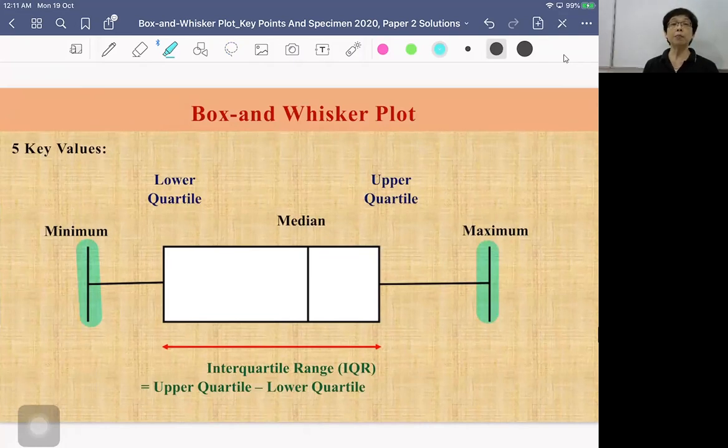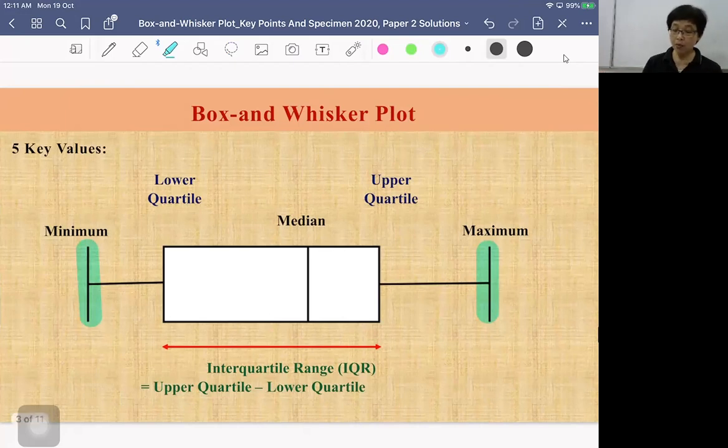That is just as we learned in junior secondary: the minimum is the lowest value of the data that we have collected, and the maximum is the highest value collected from our survey. They are displayed by the lower whisker and the upper whisker.